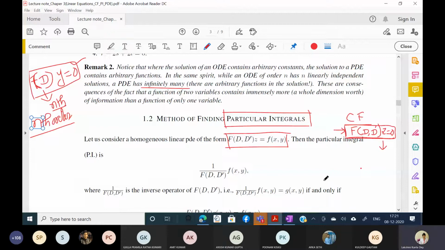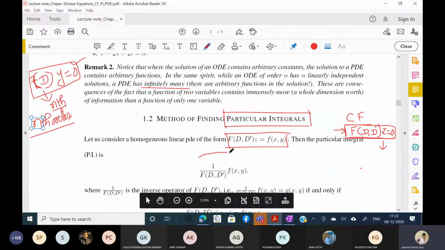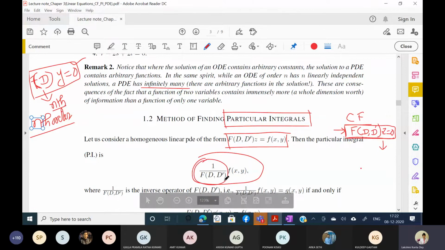Now come back to here: how to find a particular integral in the case of a partial differential equation. The particular integral is basically a symbolic operator, 1 by f(D, D'), which looks like the inverse operator of f(D, D'). What's the meaning?